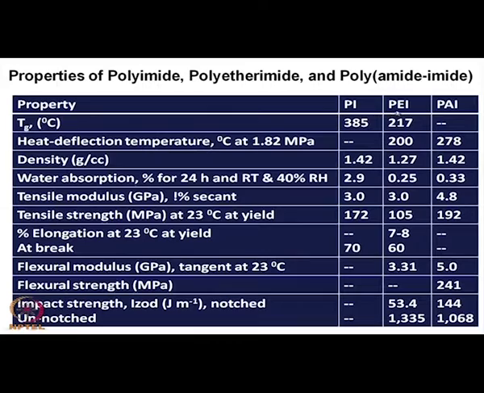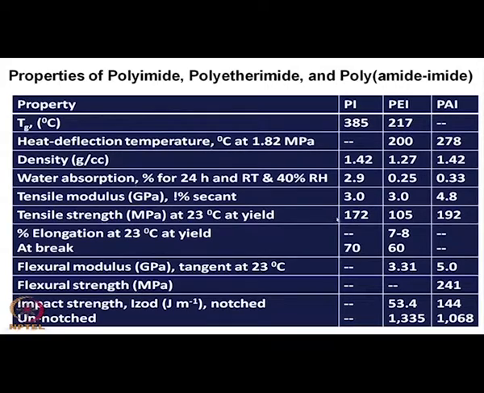In the case of PEI, it has a polyimide linkage and oxygen linkage, ether linkage, and PI is purely polyimide. Okay. And water absorption is very good for polyether imide compared to polyimide or polyamide imide. Tensile modulus is quite good for polyamide imide.